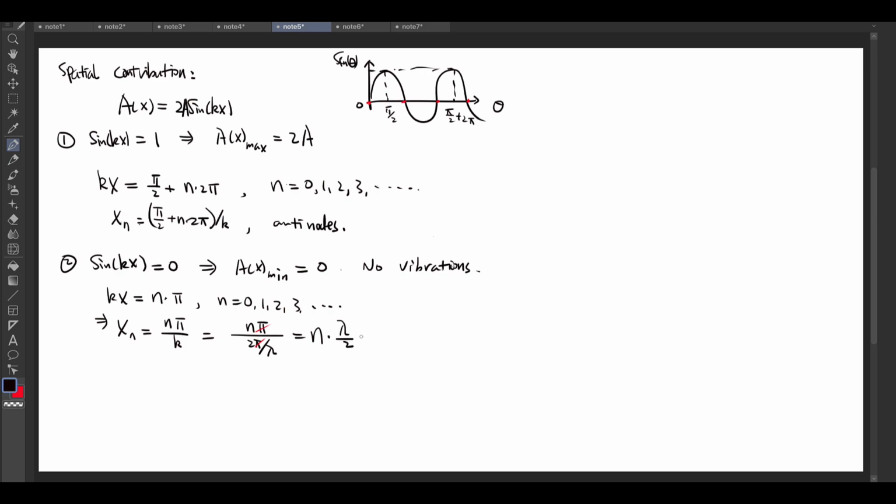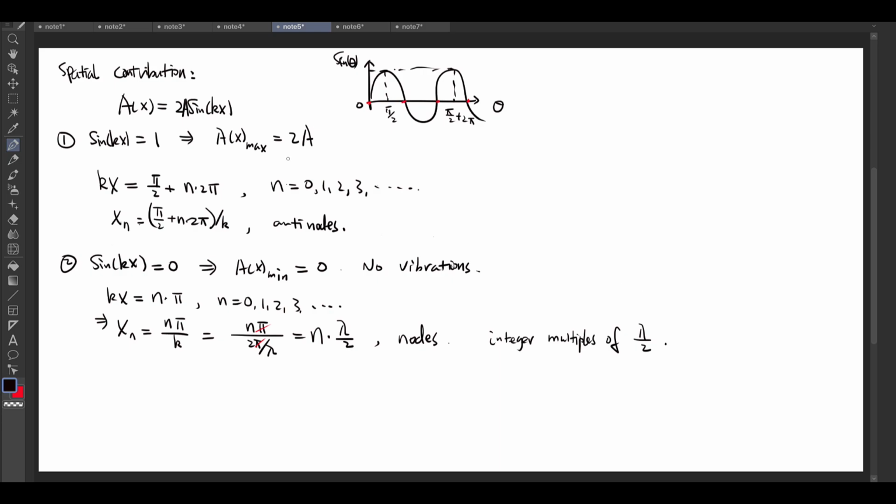Okay, so now we figure out all those positions, and at these positions we have so-called nodes, meaning that there's no vibration at these special places, and these special places are given by half wavelength times an integer. So it's integer multiples of lambda over 2, half wavelengths.